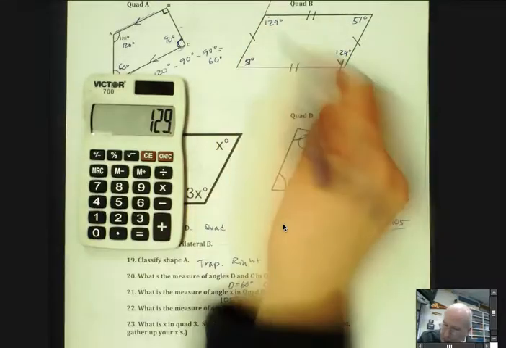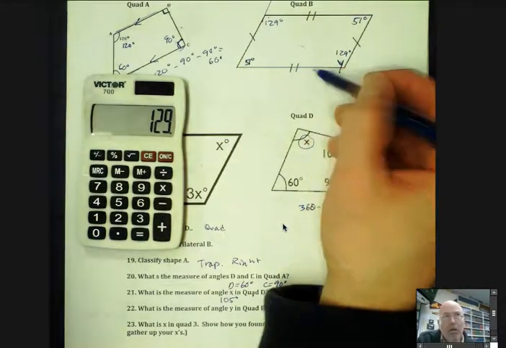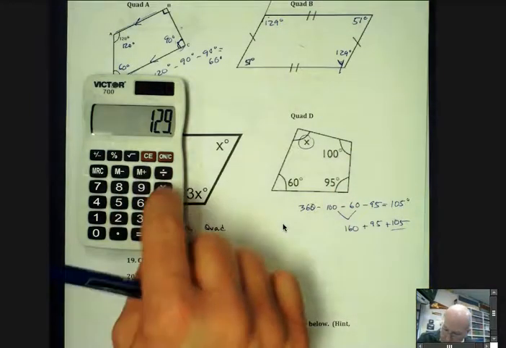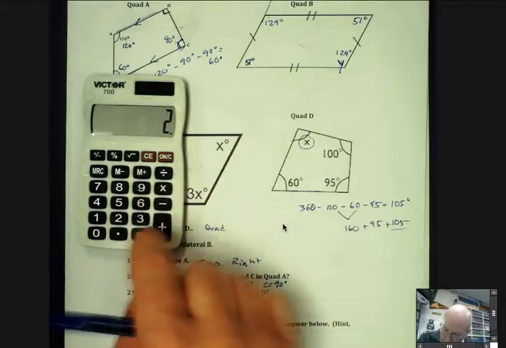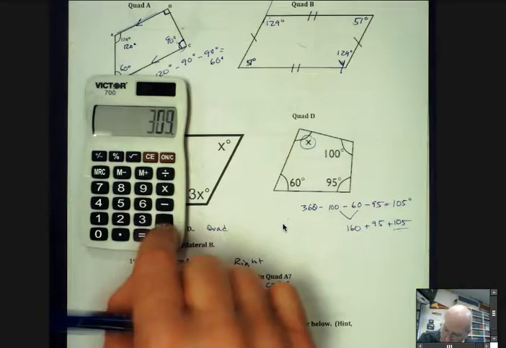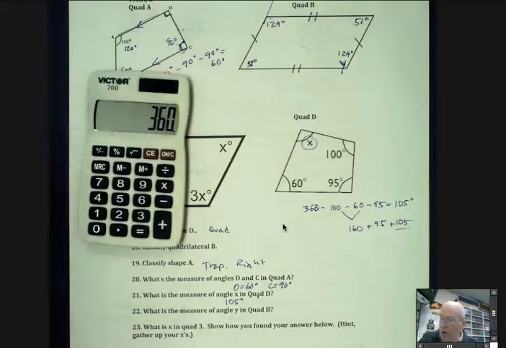The opposite angles in this parallelogram will be equal. I'll double check that. Take 129 times 2, that equals 258. Then I'm going to add 51 and add 51. Make sure I got back to that 360 degrees. That's what you need.